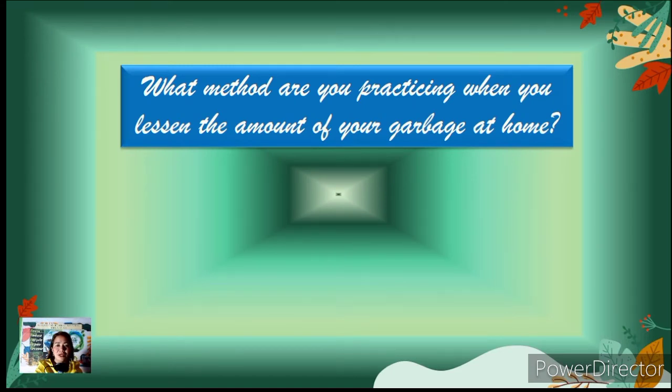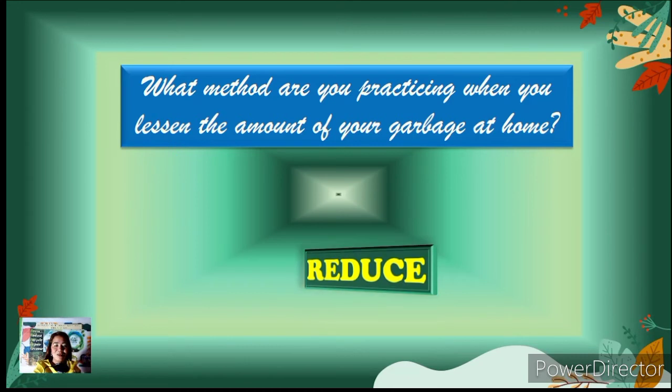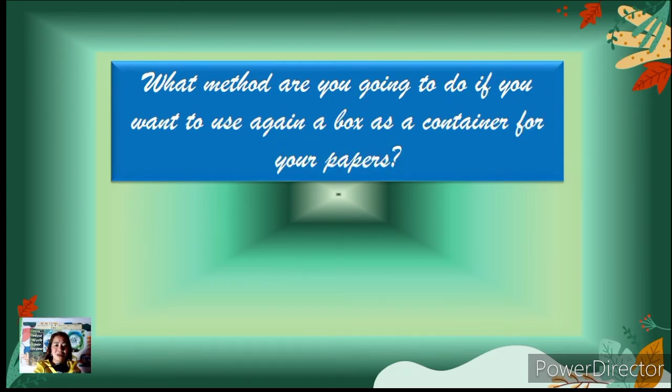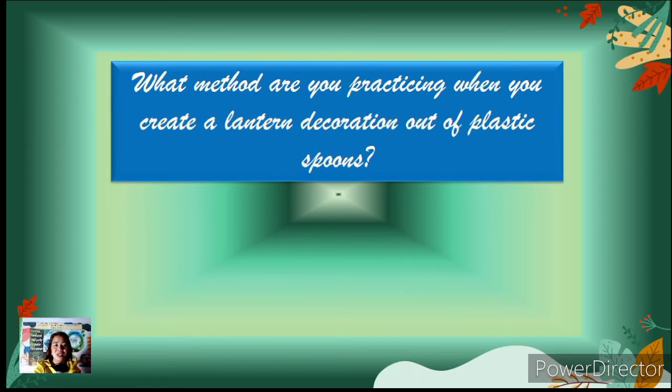What method are you practicing when you lessen the amount of garbage at home? Correct. Reduce. What method are you going to do if you want to use again a box as a container for your papers? Very good. Reuse. What method are you practicing when you create a lantern decoration out of plastic spoons?